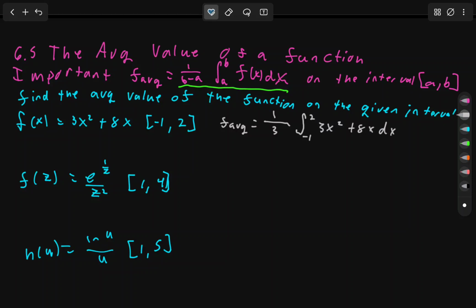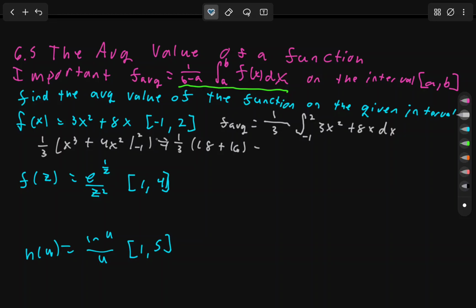Moving over here, this is going to be the same thing as 1/3 times x cubed plus 4x squared evaluated from 2 to negative 1. We still keep the 1/3, but this time we have to evaluate it. So 2 to the power of 3, that's 8. 2 squared, that's 4, times 4, that will give us 16.